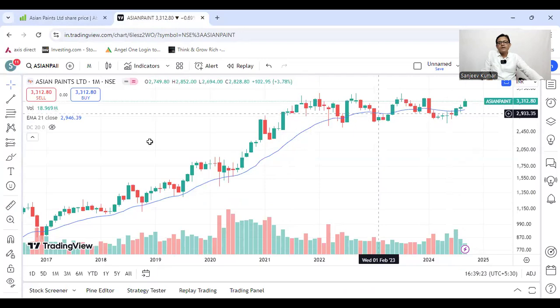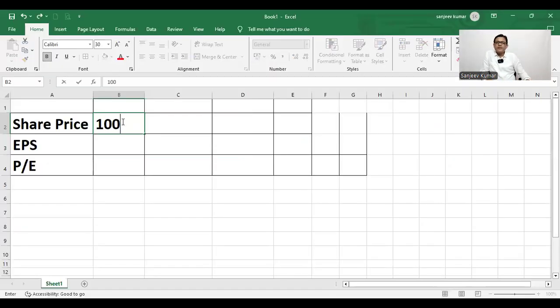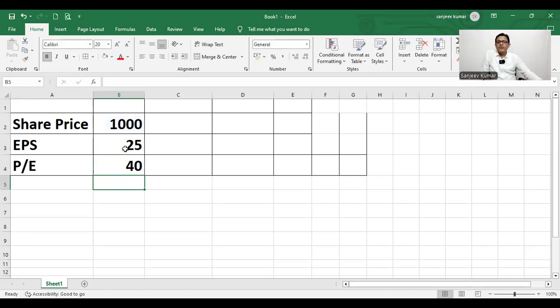Understand from here: share price is 1,000 rupees and EPS is 25. What will be the PE? PE will be 1,000 divided by 25, which means 40. And if share price is not growing and EPS is growing, at present EPS is 35, so PE will be lesser.